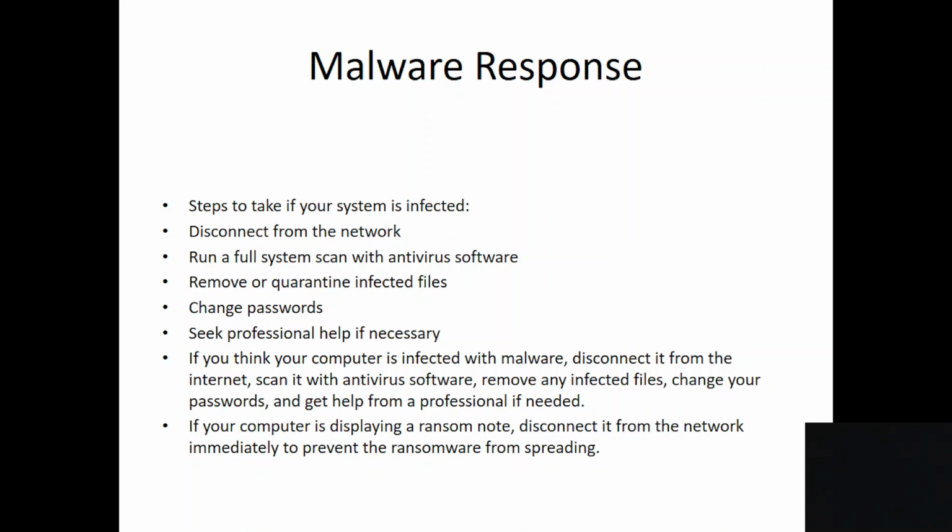The software should be updated, and it should be paid, not freeware. Remove or quarantine infected files. If you get some infected files, the antivirus will quarantine them. So you remove all the quarantined infected files from your machine, from the antivirus quarantine area. Change your password immediately. Modify your last password. Seek professional help if necessary, like if some of your data is encrypted, you need to connect with professionals.